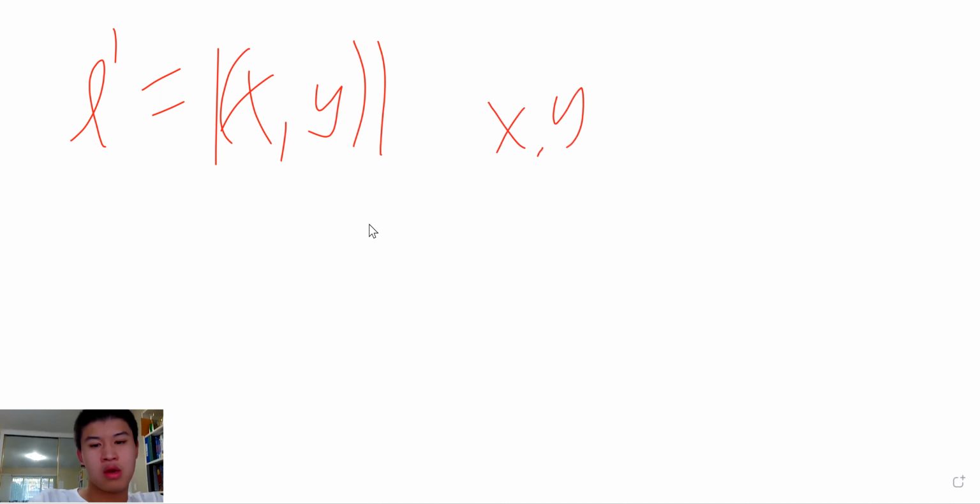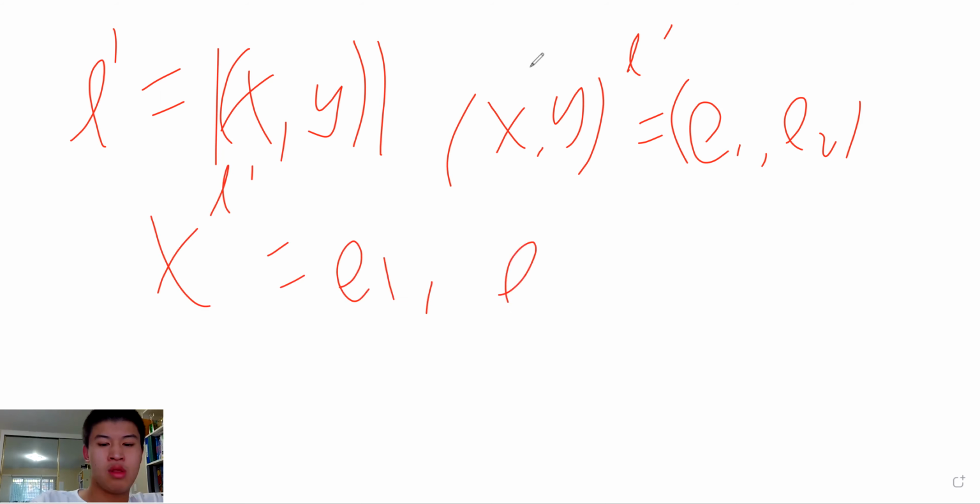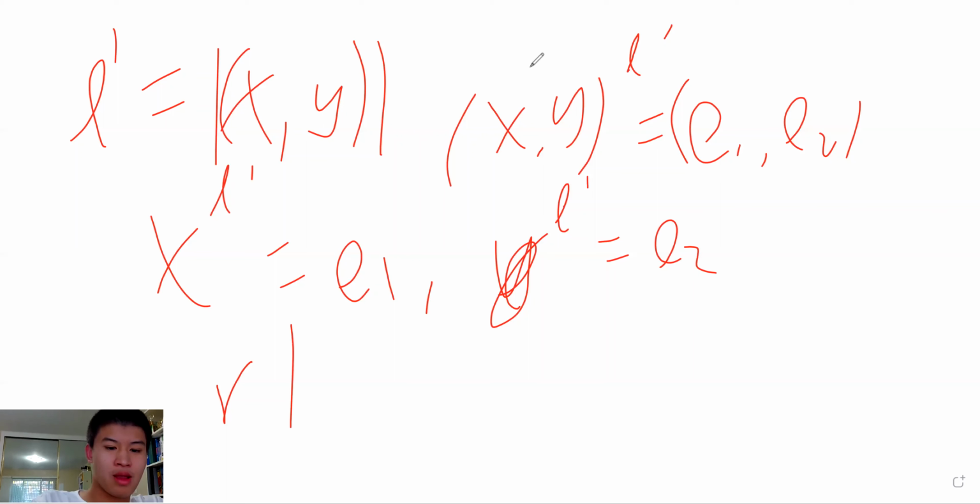So (X, Y) to the L prime is equal to (E1, E2). Then X to the L prime is equal to E1, and Y to the L prime is equal to E2. That means that R, which is the order of X, must divide L prime, and S, which is the order of Y, must divide L prime.